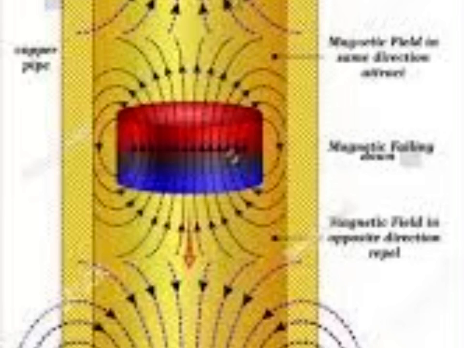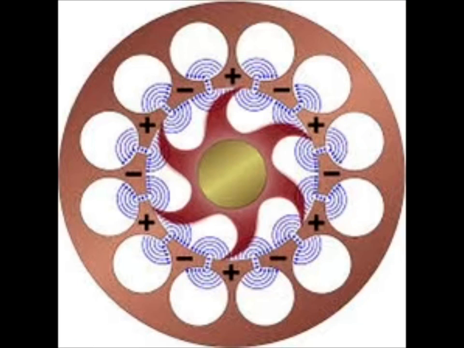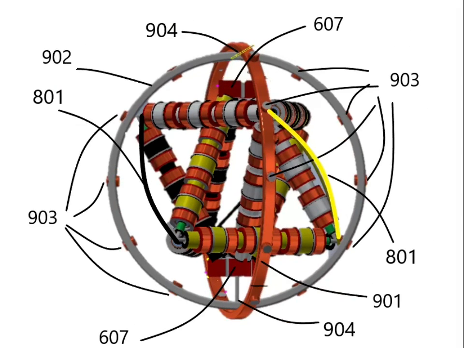And so magnets within anodes are well documented. This is how magnetrons themselves work. The magnets amplify the rotation of the electrons within.